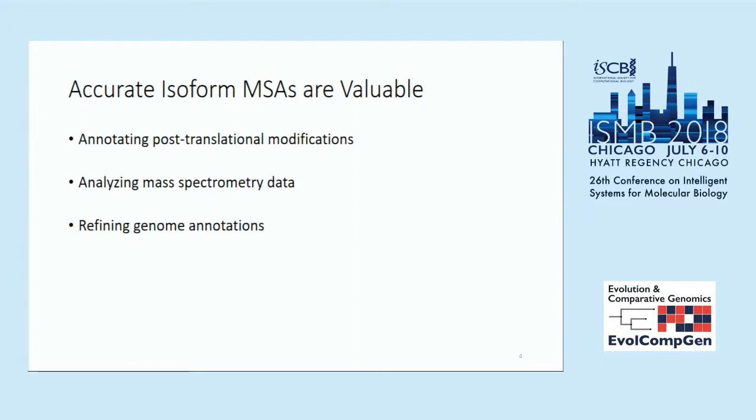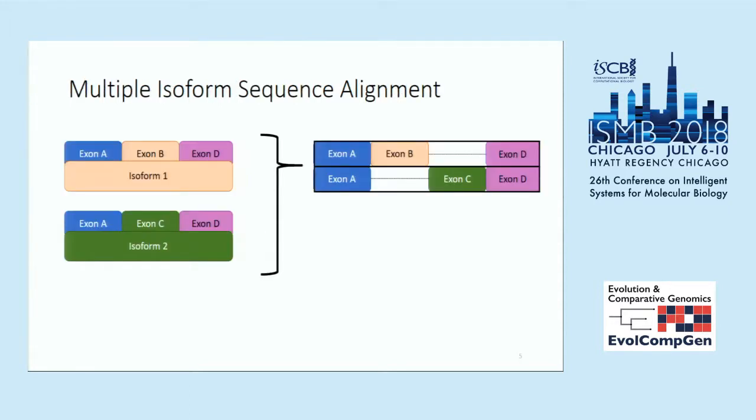Of course, these isoform multiple sequence alignments are only valuable insofar as they're accurate. An accurate multiple sequence alignment of isoforms is one where entire exons are either aligned when they're homologous or else not aligned.